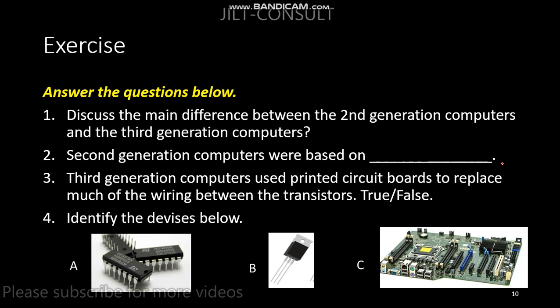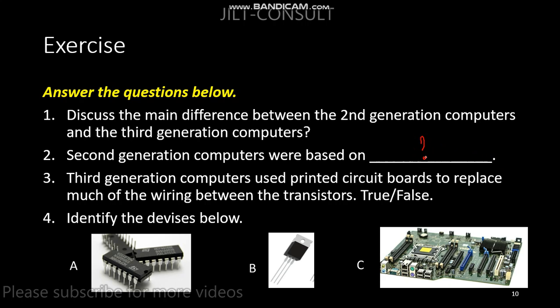Let's take a look at this exercise. Discuss the main difference between the second generation computers and the third generation computers. You should be able to tell me this. Second generation computers were based on, sure, I can get this.